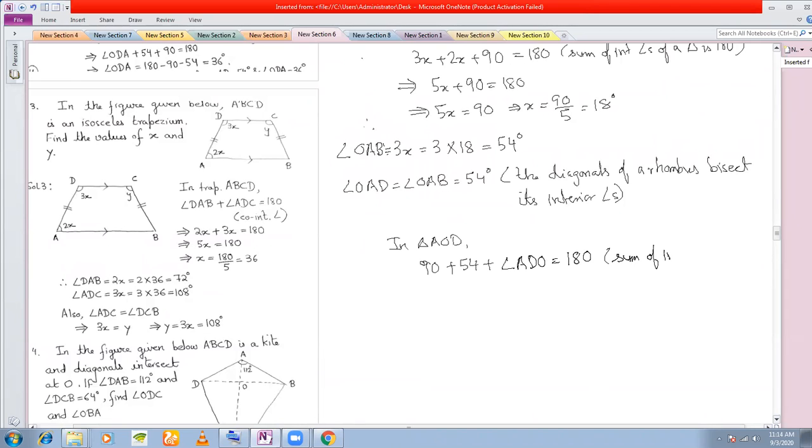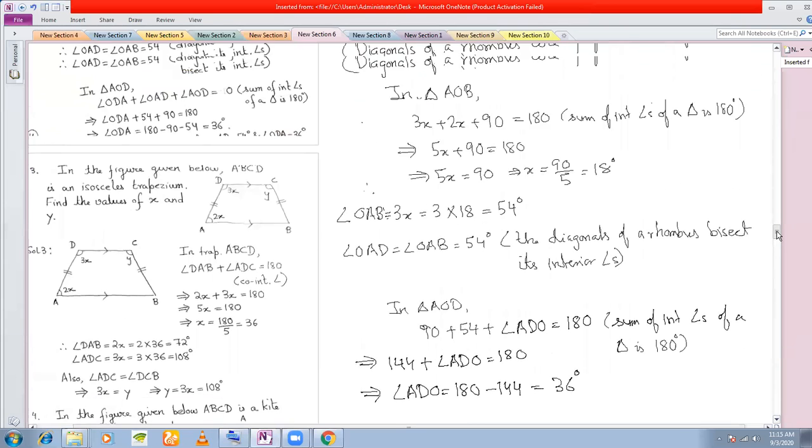Reason: sum of interior angles of a triangle is 180 degrees. So that means this is 144 plus angle ADO is equal to 180. Means angle ADO is 180 minus 144, which is 36 degrees.